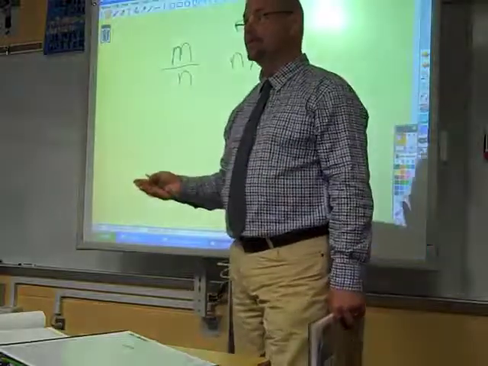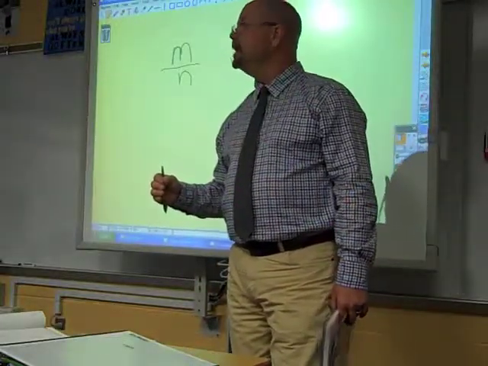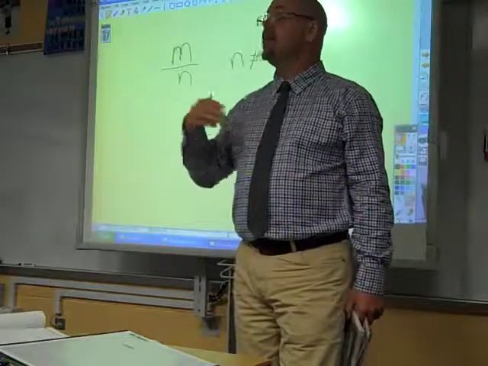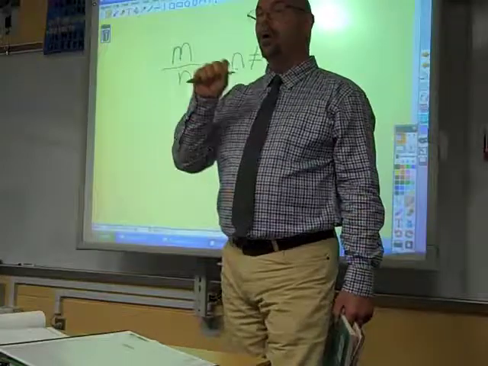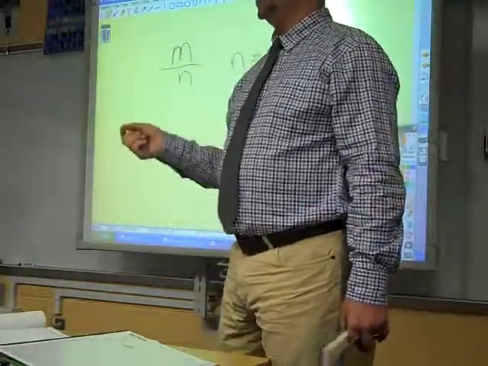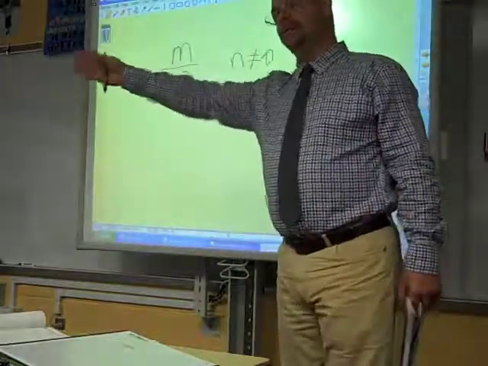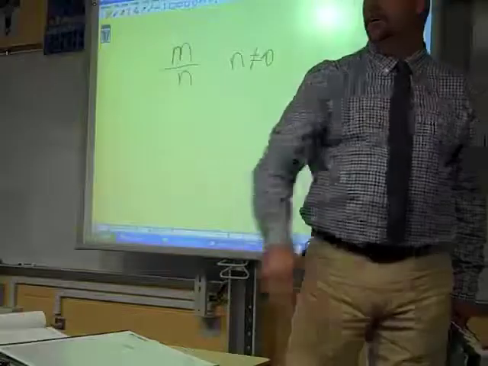Is 0 an integer? Yes, it is. 0 is considered a whole number. In other words, it's not a decimal or a fraction. So all whole numbers and their opposites, just remember 0 doesn't have an opposite. So 0, 1, 2, 3, 4, 5, all those whole numbers, and -1, -2, -3.